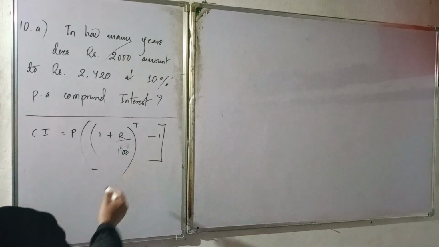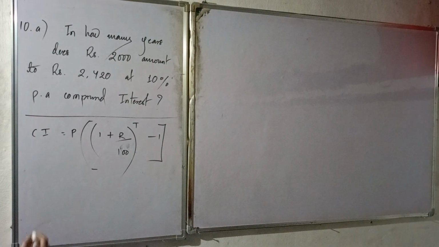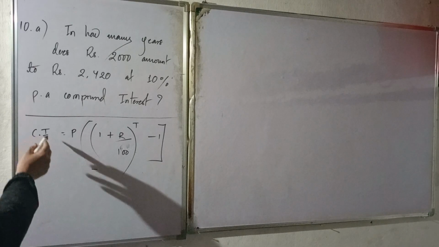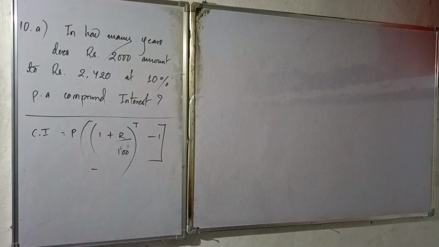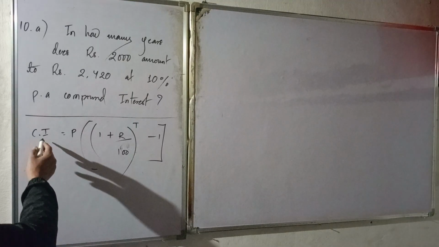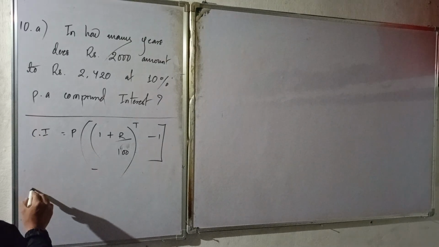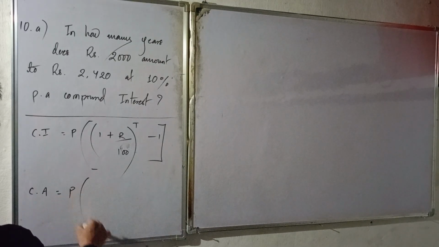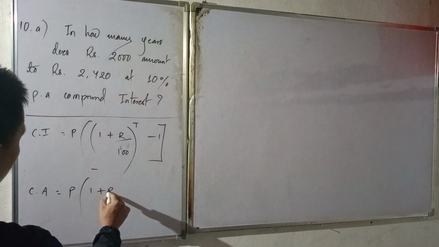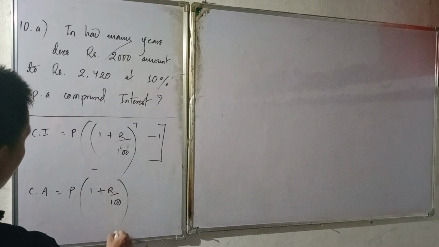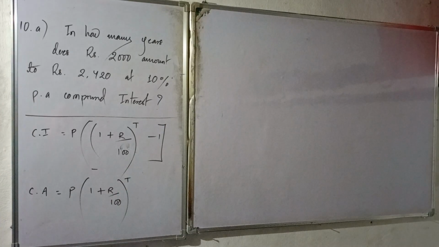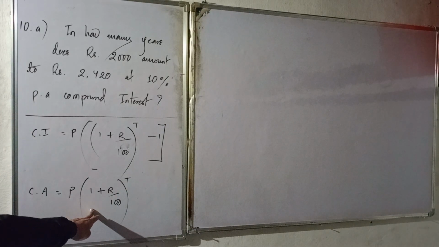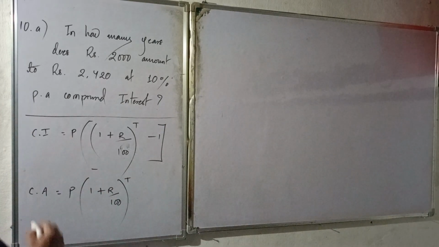So this is the formula for compound interest, where CI represents compound interest. For compound amount, we have the formula P times 1 plus R by 100 power T. So this is the formula for compound amount, and this is the formula for compound interest.